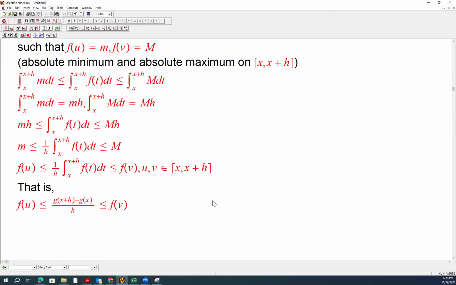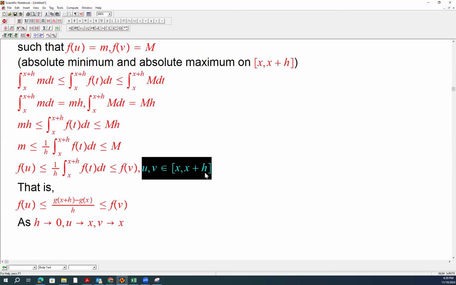As h approaches 0, because u and v are inside this interval, u would be approaching x, and v would be approaching x as well, because u and v are between these two numbers.